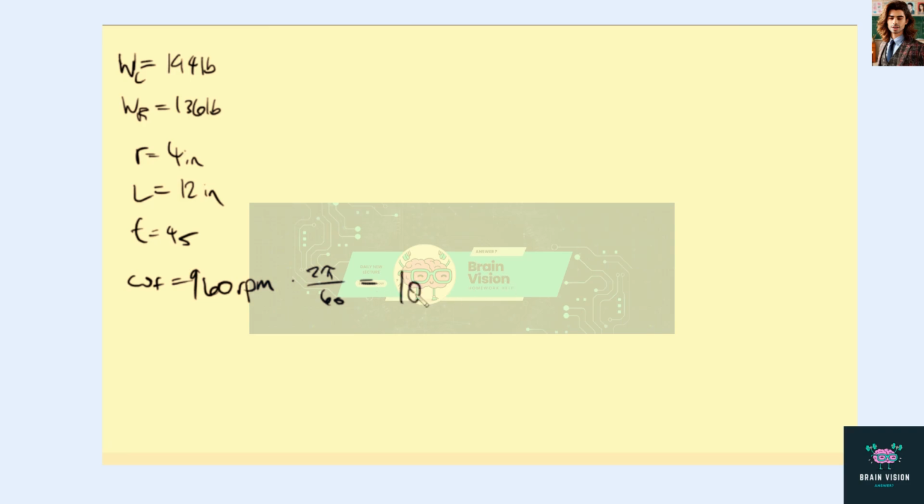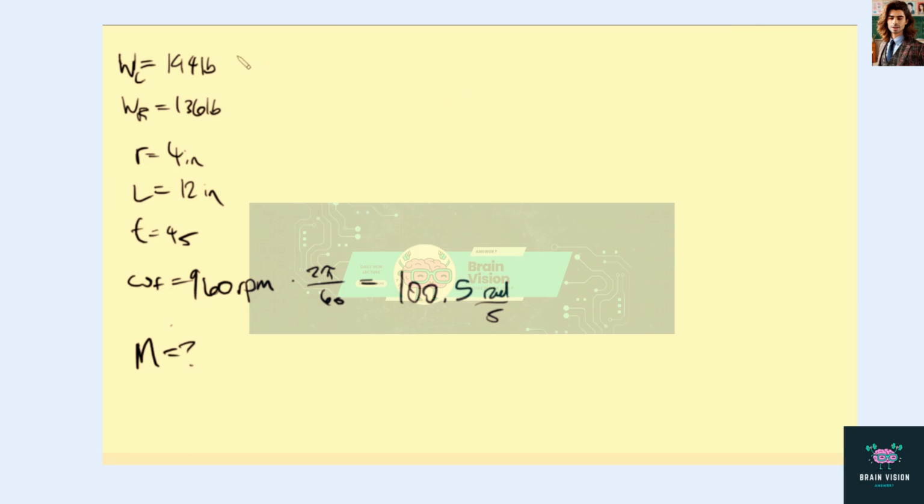So this is 100.5 radians per second. And we're being asked to find the value of the couple M.